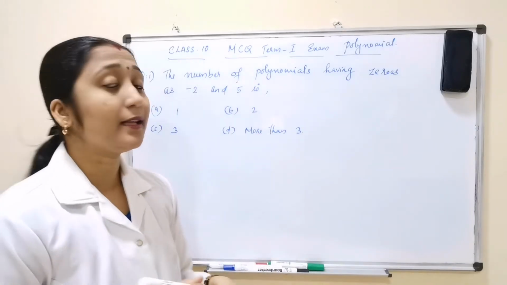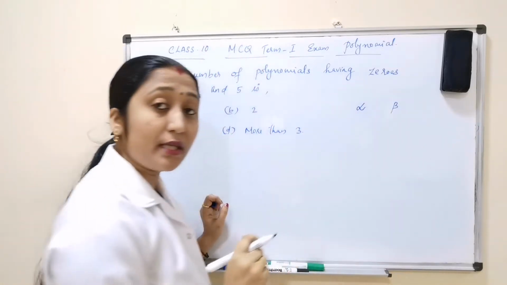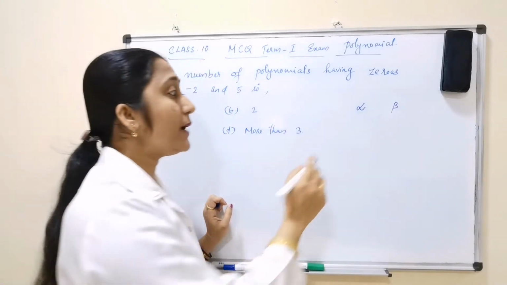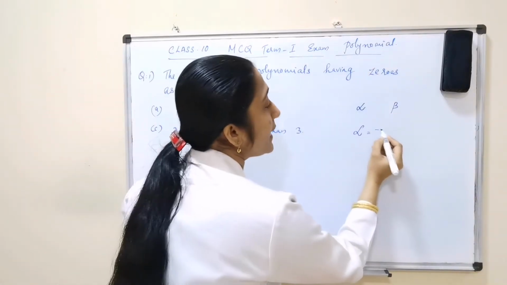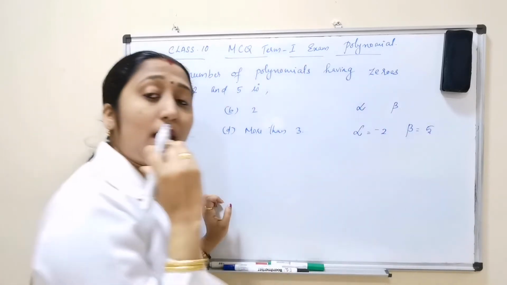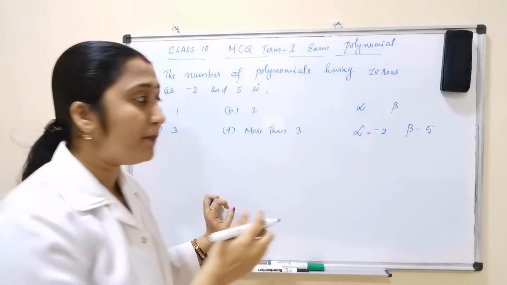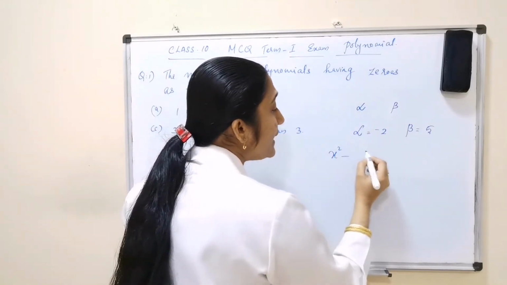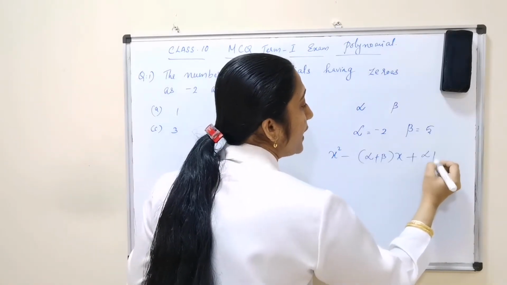So here the zeros of the polynomial are alpha and beta. We already studied this. Here alpha equals -2 and beta equals 5.